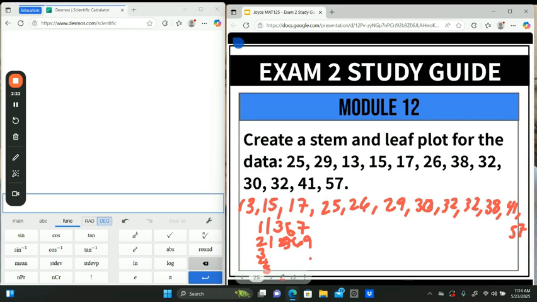Okay. I'm going to do the rest of it up here, but it would just keep going. So I've got 3, line, then a 0, 2, write it twice, 2, and an 8. For the 4, I would just write a 1. And for the 5, I would just write a 7. This allows us to see our data in a more concise way of looking at it.